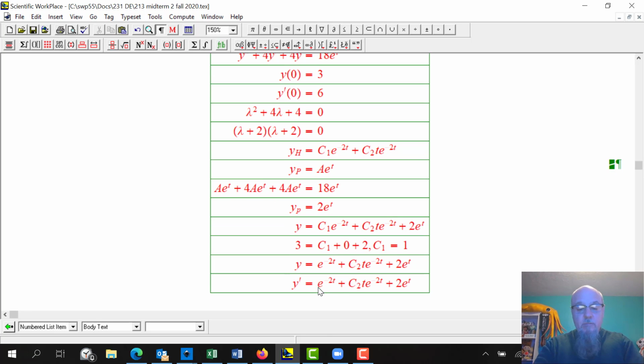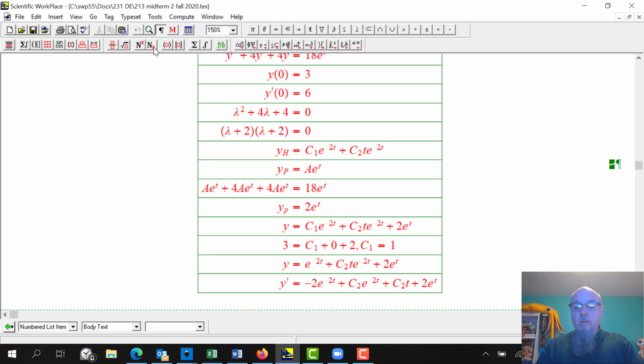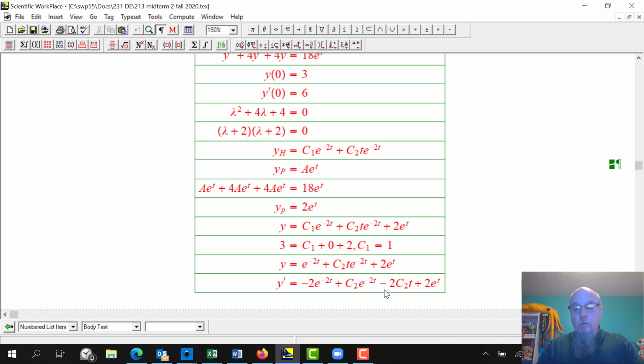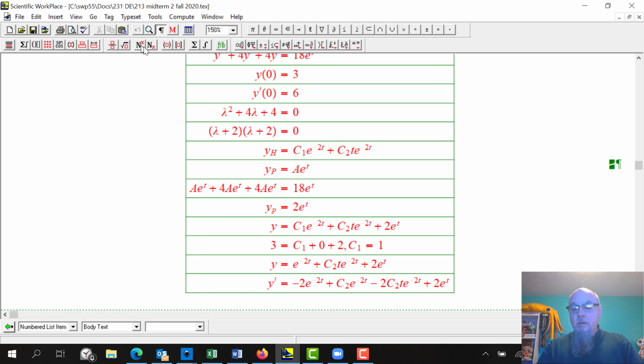When I take its derivative, that minus 2 is going to come down. Here I have to do product rule. So derivative of the first, leave the second alone, plus leave the c2t alone, times the derivative of the second. That's going to put another minus 2 out front here. I still have a e to the minus 2t. And the derivative of 2e to the t.